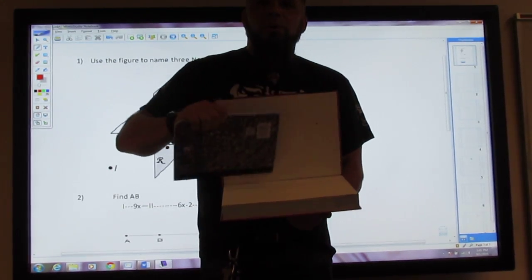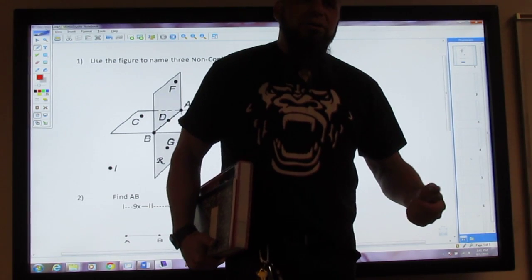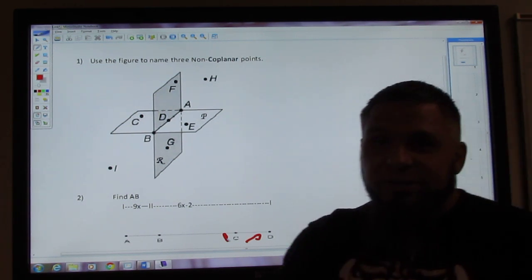So 3 points are always coplanar, just like 2 points are always collinear.